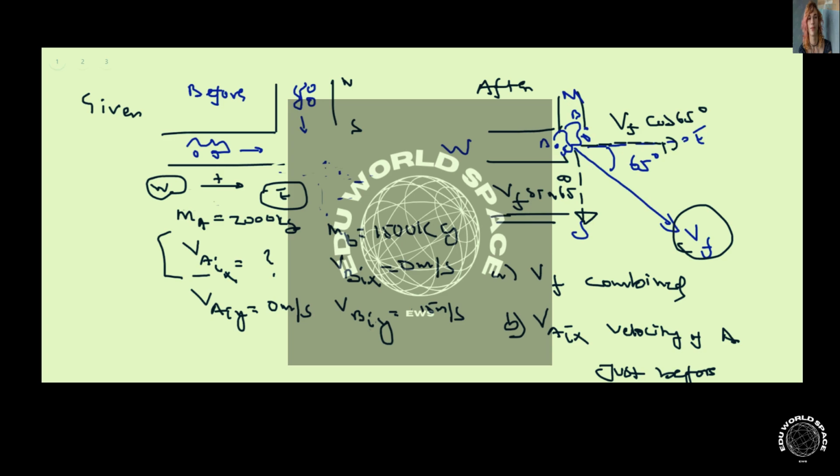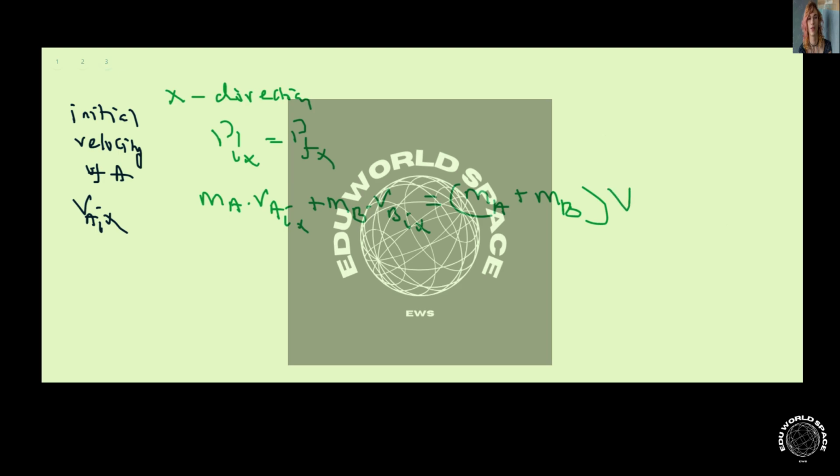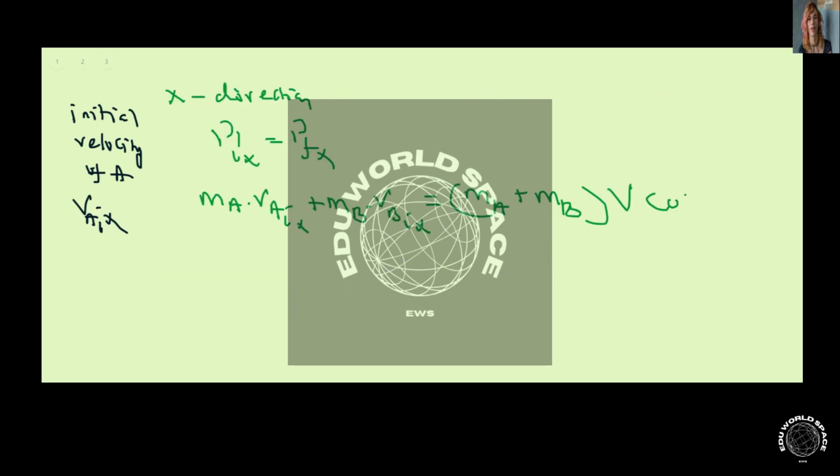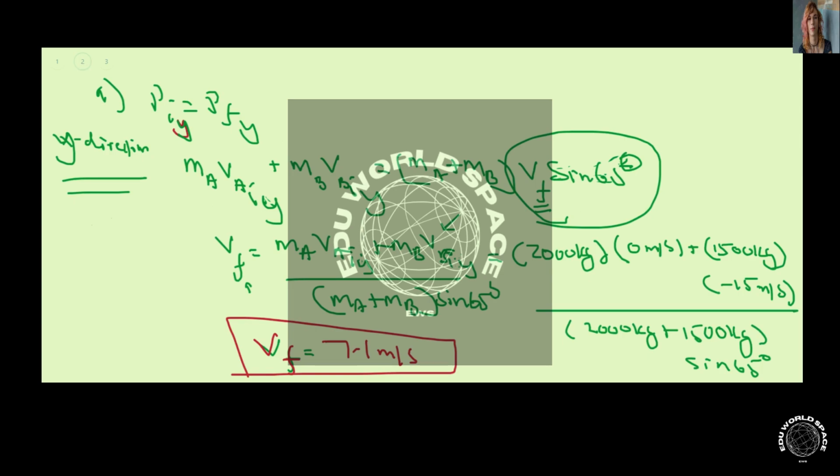If you go back to the diagram, v final sine 65 is v of f of y, and this one is v of f of x. So we're going to use v of f of x, which is v cosine of 65. We already have v from the previous problem, which we call v final. So we're in good shape.